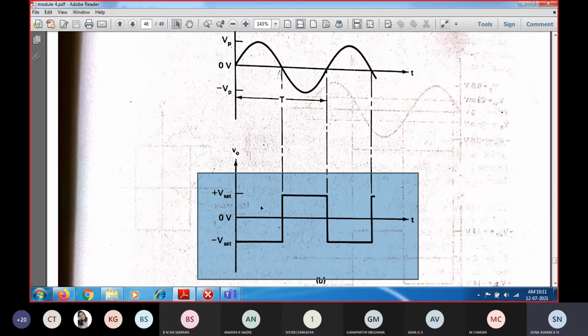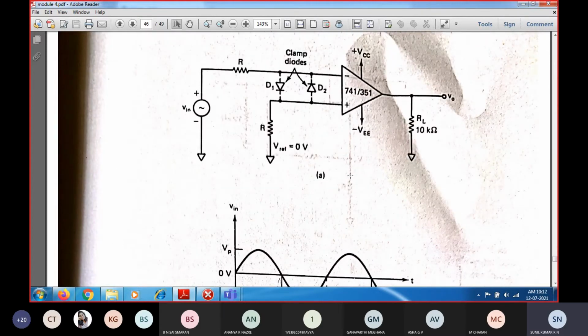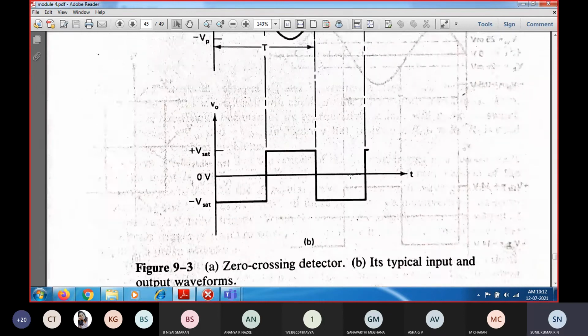If you change the feedback resistance value, you can change the on time as well as the off time. For a given input signal waveform, you will be getting the perfect output depending upon the resistance value. If I want a 50% duty cycle, then I can connect equal resistances over here. In this case, let me explain the zero crossing detector.